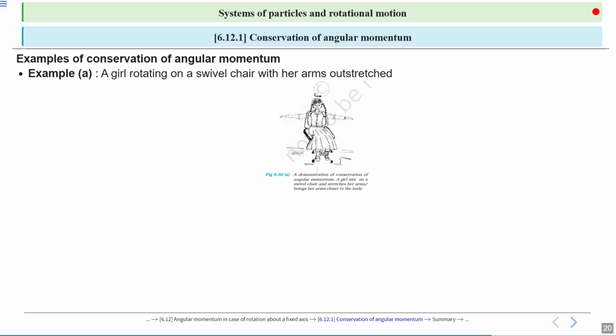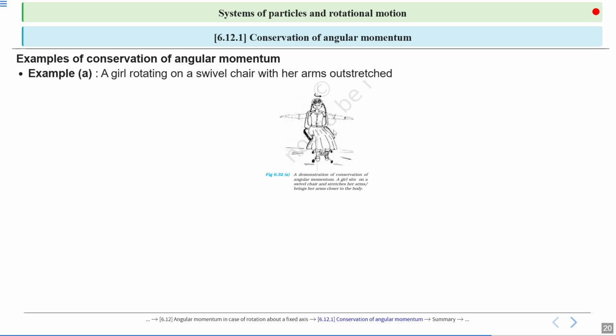A girl is sitting on a freely rotating chair, and she spins slowly while her arms are stretched outward. Look at here, figure 6.32. The arms of the girl are stretched outward. Now, what happens? Think about it.